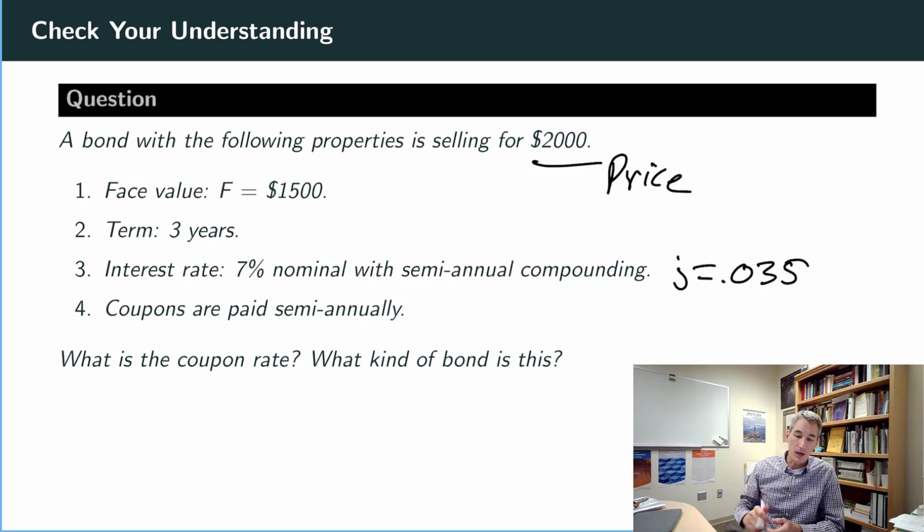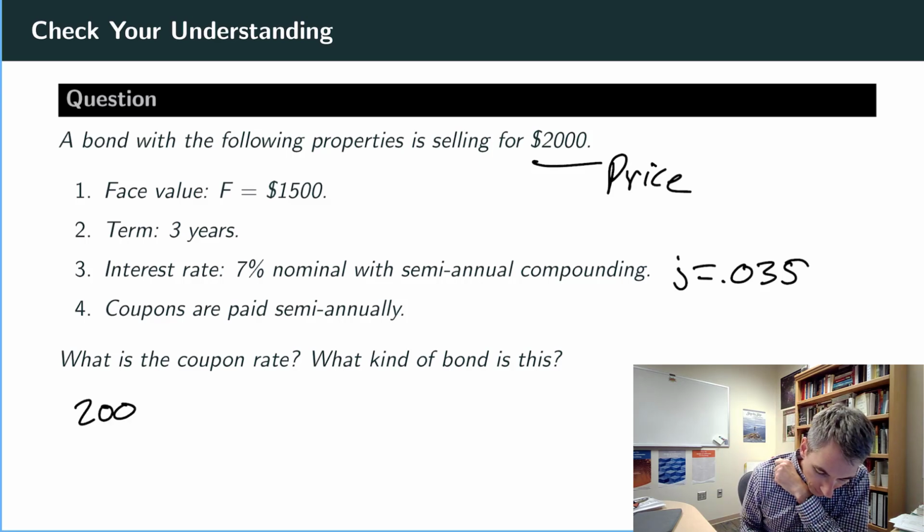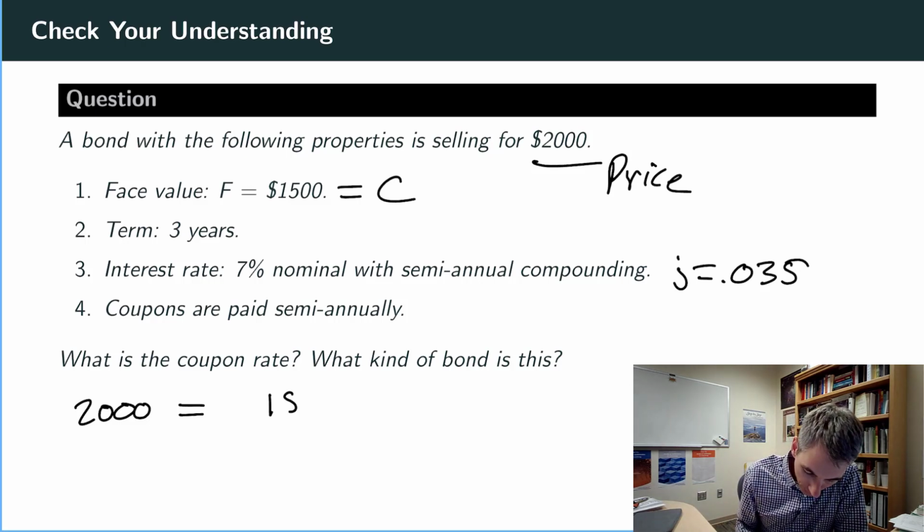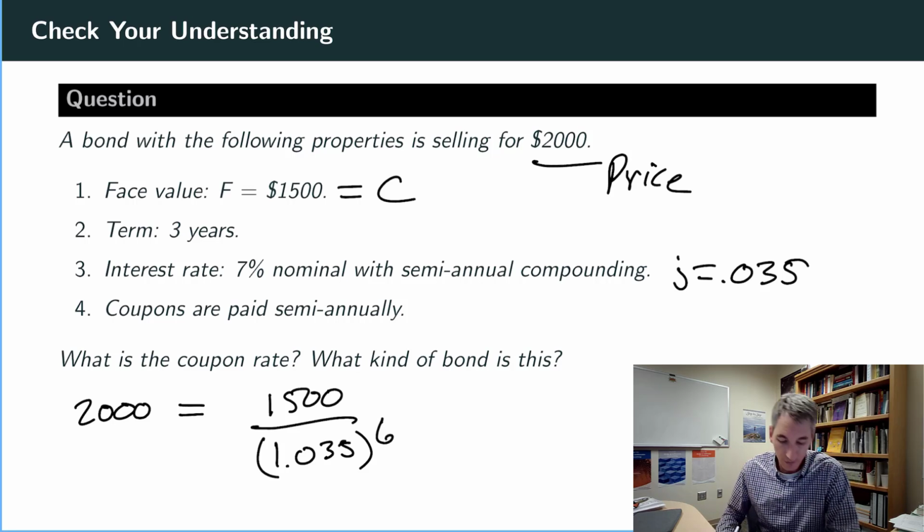All right, so if you paused it and worked it out, you should already know the answer, but let's just double check to make sure. The selling price is $2,000. That should equal the face value, which I'm going to assume is the redemption value because it's not specified, and we assume they're equal if not specified. $1,500 divided by 1.035 to the 6 because it's a 3-year bond with semi-annual compounding, plus the coupons, which is, we don't know.